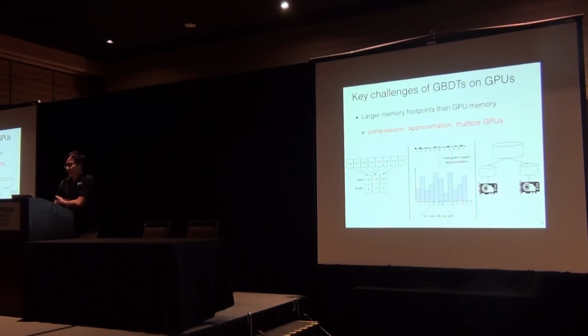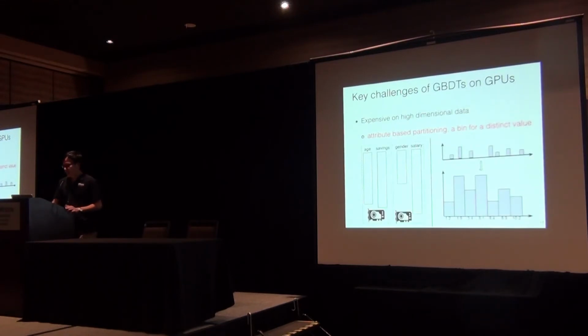We also propose compression, approximation, and also multi-GPU support in order to handle bigger and more complex problems. And we developed the so-called attribute-based data partitioning such that the communications between threads and between GPUs can be minimized.